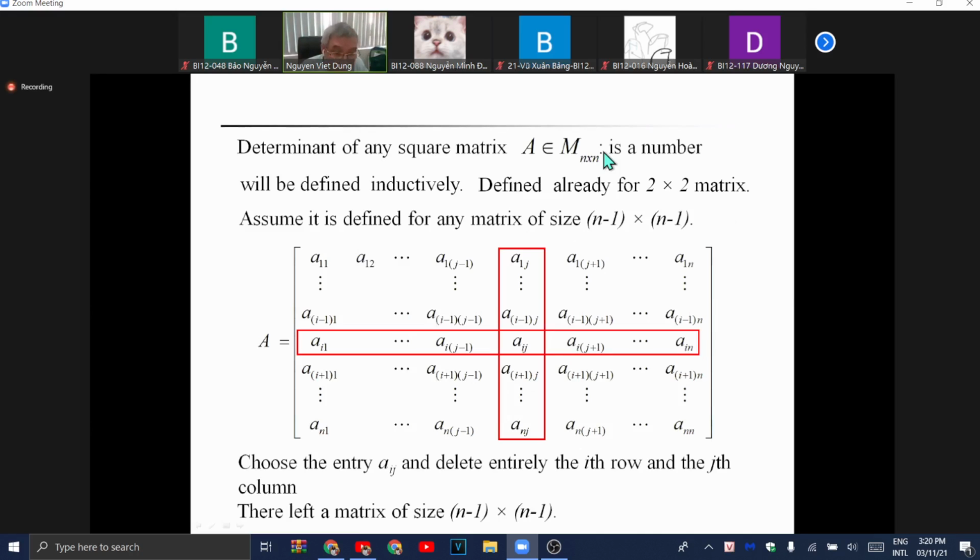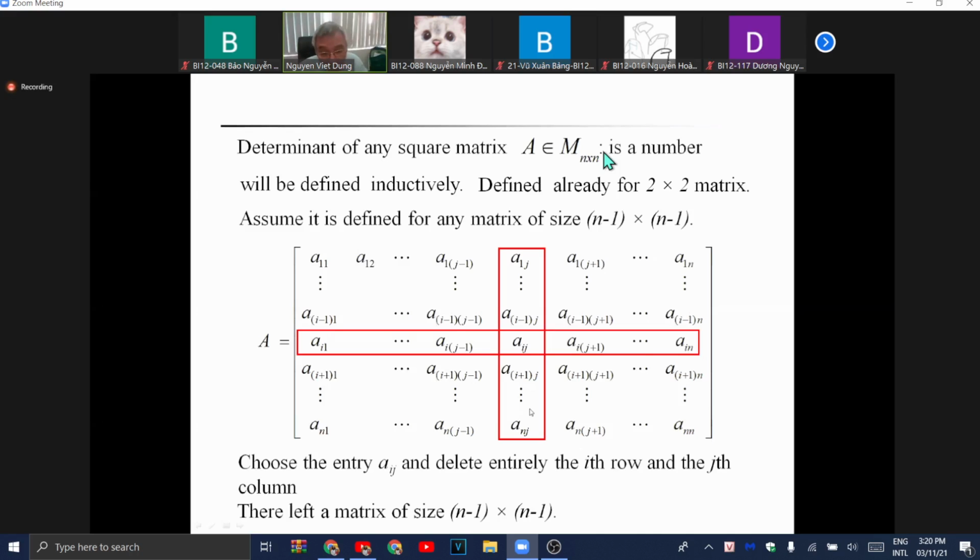And we are given a matrix A of size n by n, like A on the screen here. So first, we choose any entry Aij. And then we delete entirely the i-th row and entirely the j-th column.